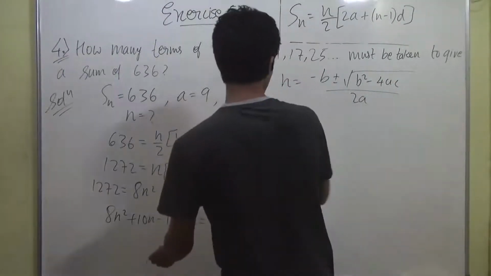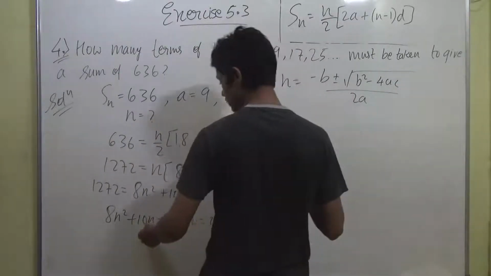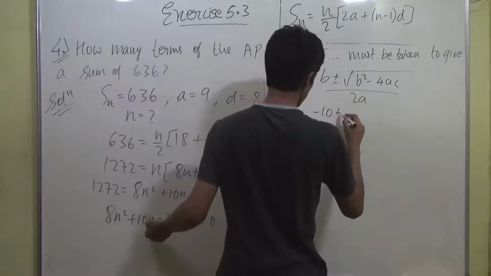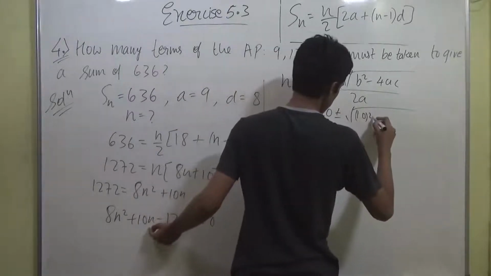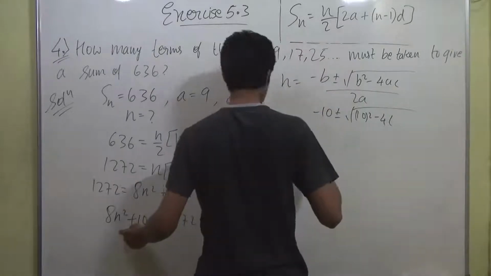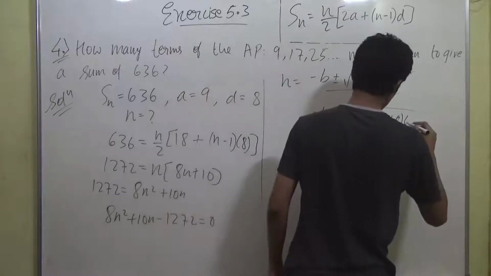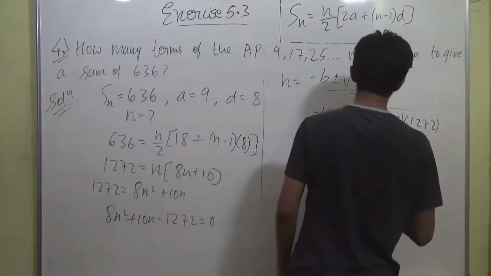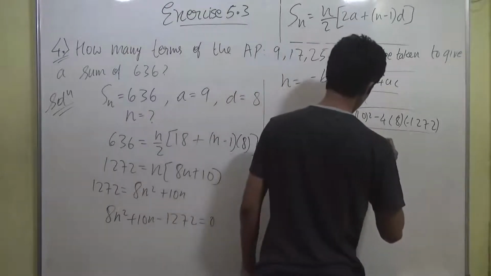Plugging the values of a, b and c into the equation, minus b is minus 10, plus or minus root over b square, which is 10 square, minus 4 into a into c. A is 8 and c is minus 1272. And the denominator is 2 into a, 2 into 8.